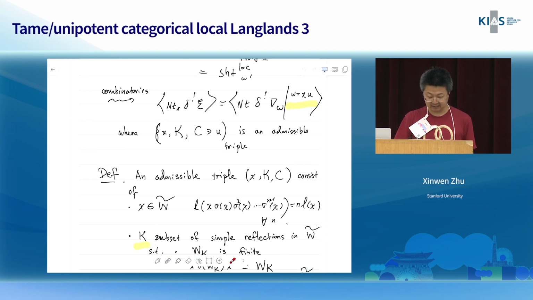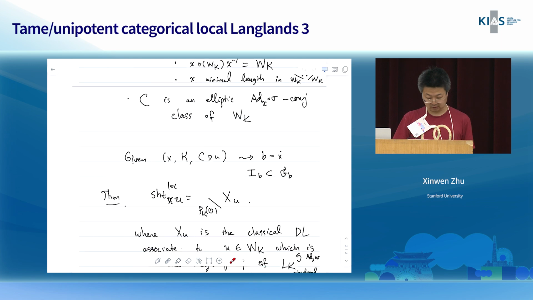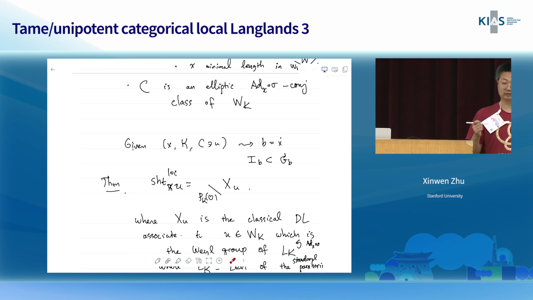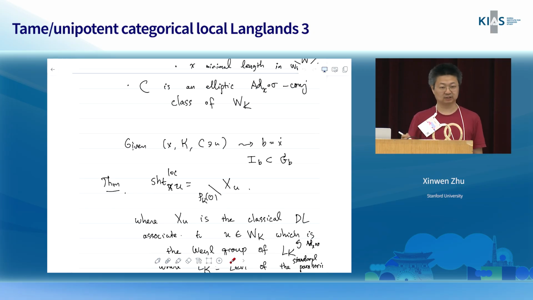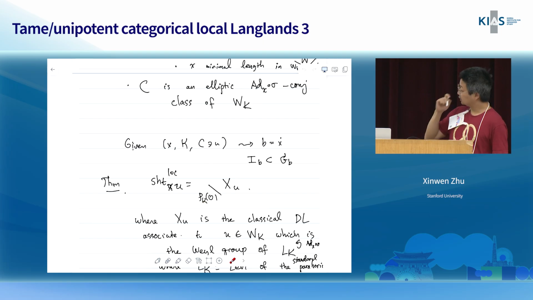And for these kinds of W, it turns out that we can understand the structure of the Deligne-Lusztig variety. We can pretty much understand the structure, and in fact, we can understand more, not just the cohomology, not just the geometry of the Deligne-Lusztig variety, but this whole local Shtuka attached to this element.